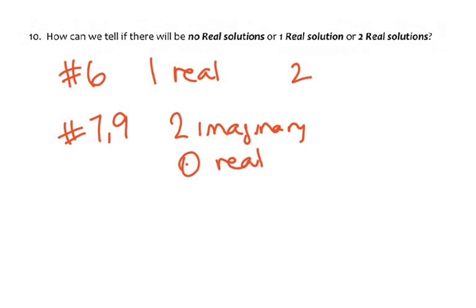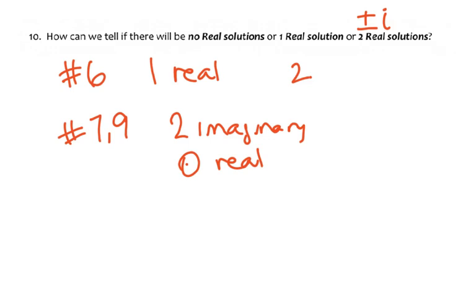And that is also the same thing as saying 0 real solutions. Okay, so one thing about imaginary numbers, because quadratics have 2 solutions, and because of the way we have our quadratic formula, it's impossible to only have one imaginary number. If you're going to have an imaginary number, you have to have another one because there's a plus and a minus. And so it's either going to be 2 imaginary numbers or no imaginary numbers.